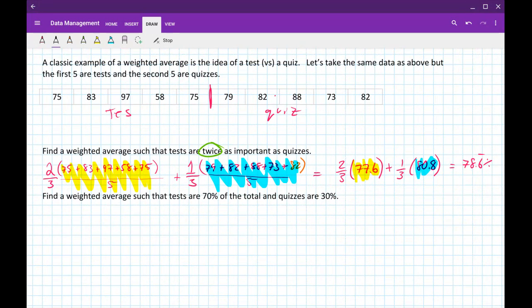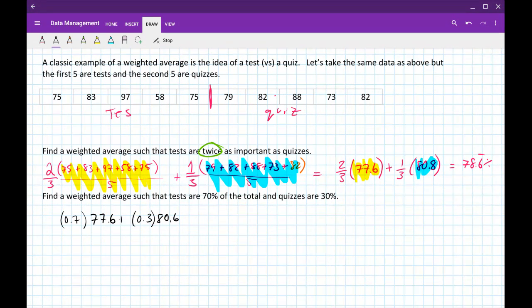Basically, what I would do is I would take the average of the 5 tests, which would be 77.6, and I would add to it the average of the 5 quizzes, which would be 80.6, okay? And I'm going to multiply the tests by 0.7, and I'm going to multiply the quizzes by 0.3, okay?